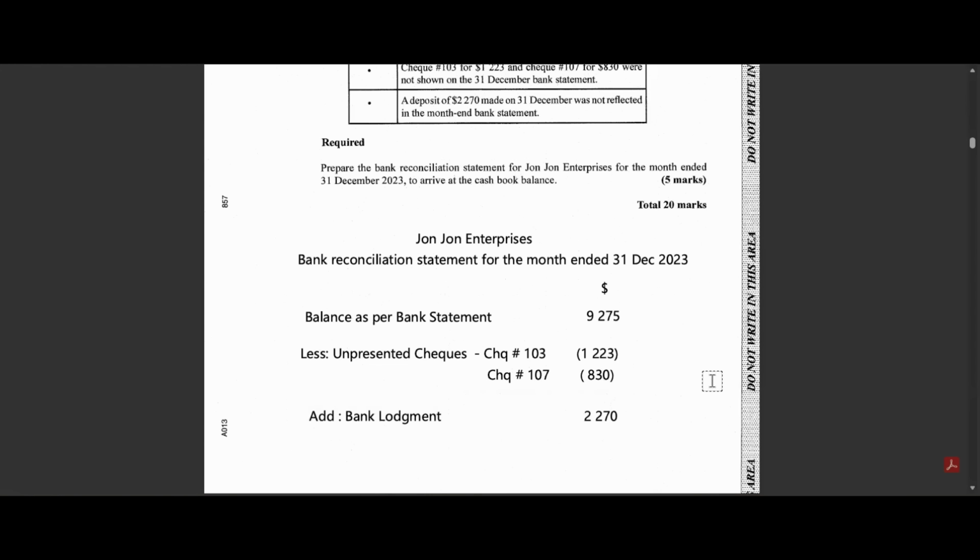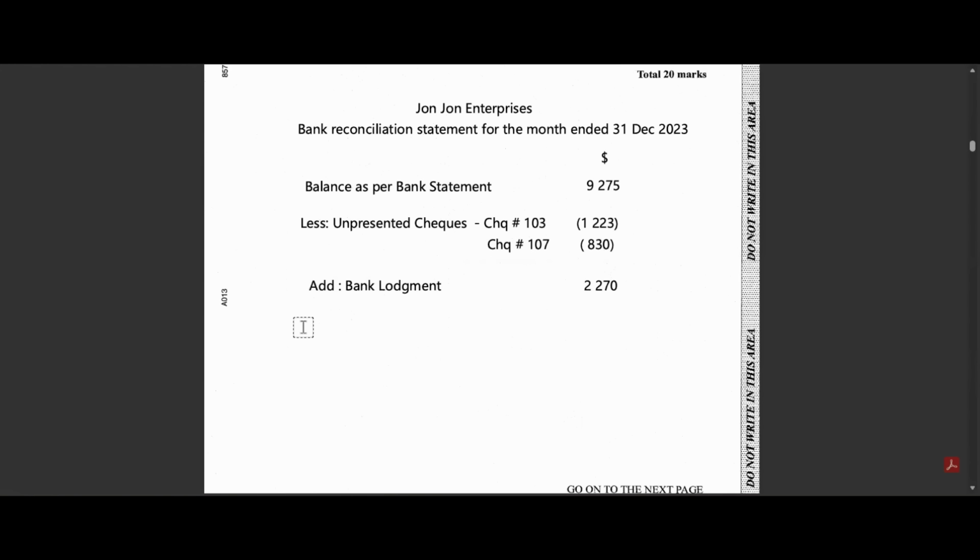Alright, guys. Now, finally, once we put everything together, we will now be able to get the balance as per cash book. Let's add it up and subtract accordingly. 9275, subtract your 1223, subtract your 830, add your 2270.